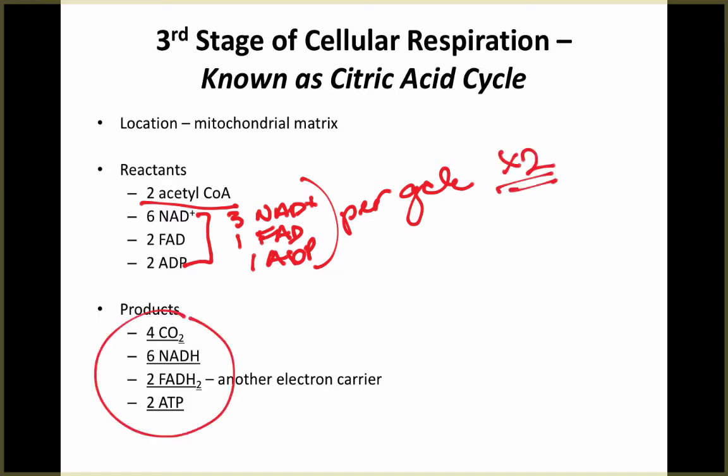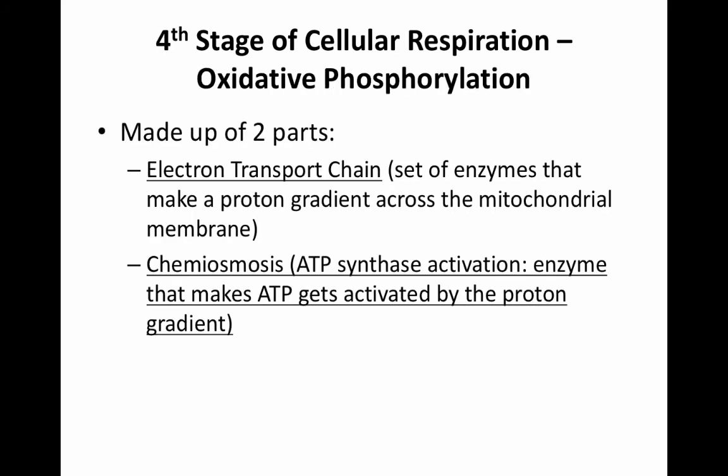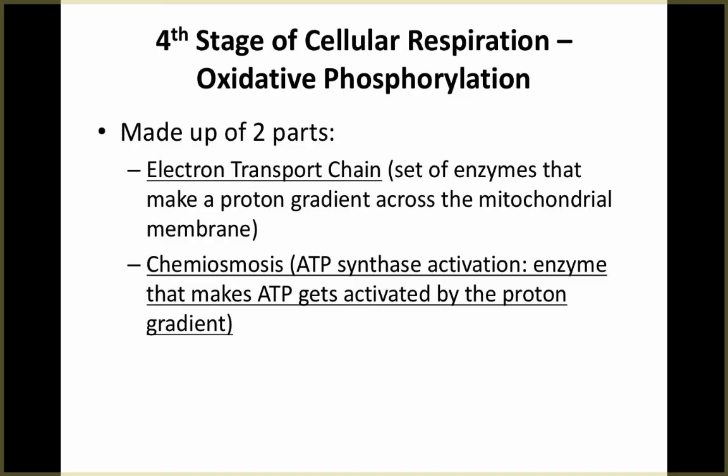And so we make a total of all of this combined because remember, each one you have 2 CO2s, 3 NADHs, 1 FADH2, and 1 ATP per cycle. So when we come in class for the next lecture, you are going to focus on what's known as oxidative phosphorylation. I will see you guys later.